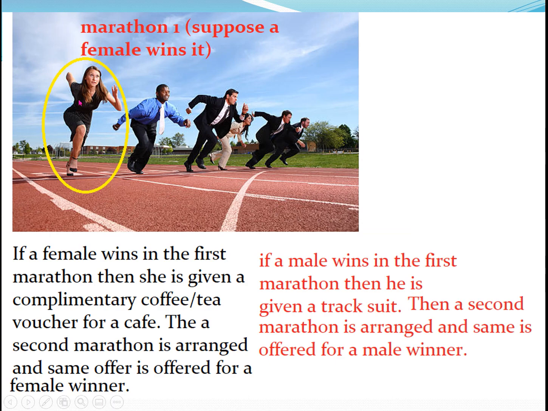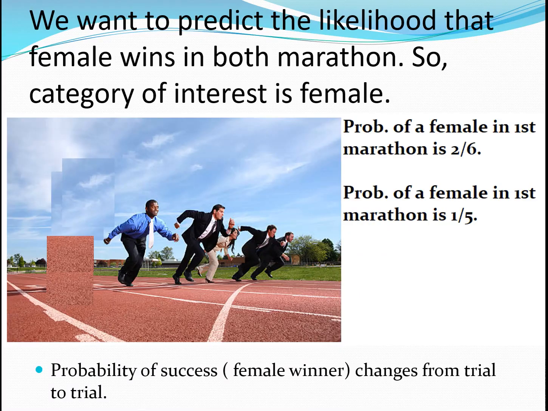For example, if this lady wins, then she will be set aside before the second marathon. But if, let's say, this lady here in the third position, counting from here, wins, then she will be set aside, right? So the second marathon is dependent upon the first marathon, right?